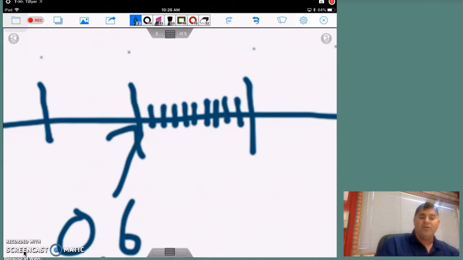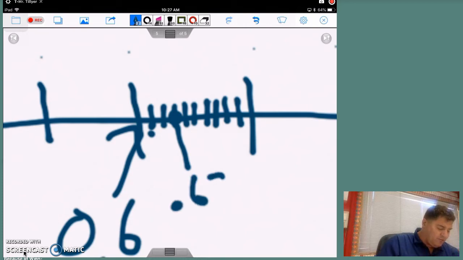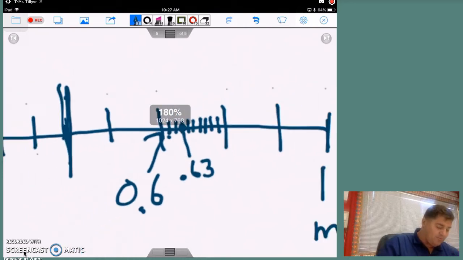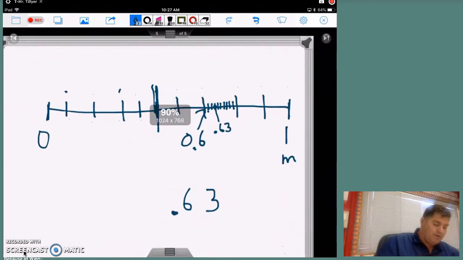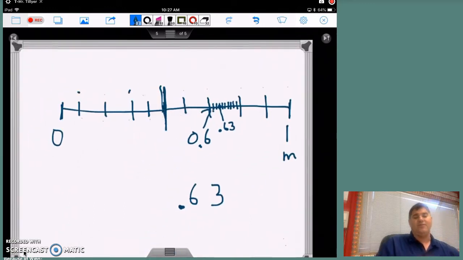Then where would the 3 hundredths be? It would be 1 hundredth, 2 hundredths, 3 hundredths, so right there. So that would be 0.63. Okay, so that's what hundredths means.